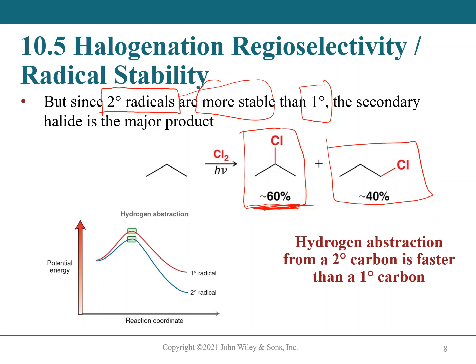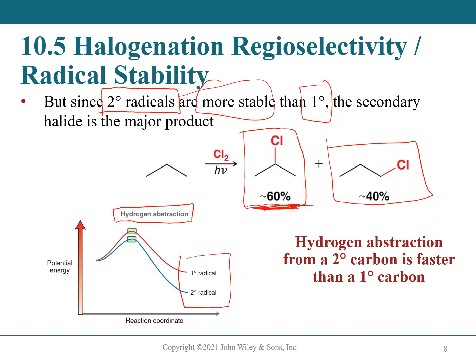If we look at the hydrogen abstraction step, this is the first step. If we go back to that energy diagram a couple of steps back, we're looking at the first hill of the overall reaction energy diagram, just the hydrogen abstraction step, where we produce the radicals as intermediates along the way.